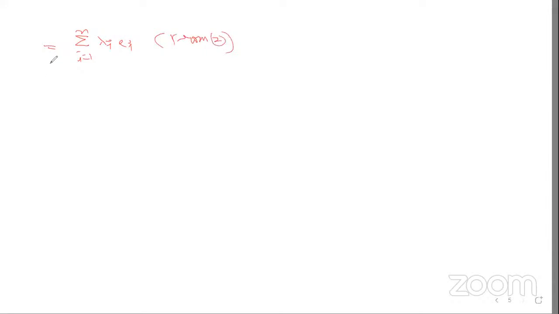So that equal to sigma i equal to 1 to n lambda i, as it is. In place of ei, I am writing fi of x, because what is the reason? By definition of fi, right?